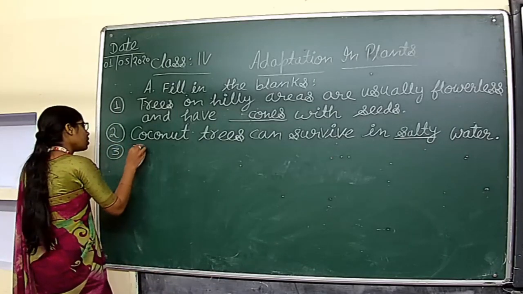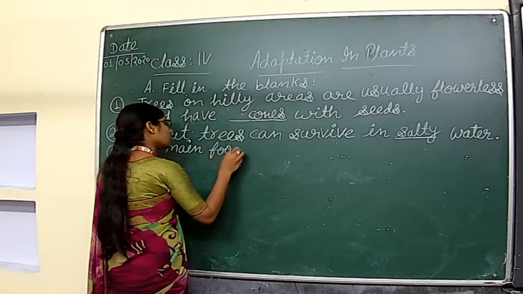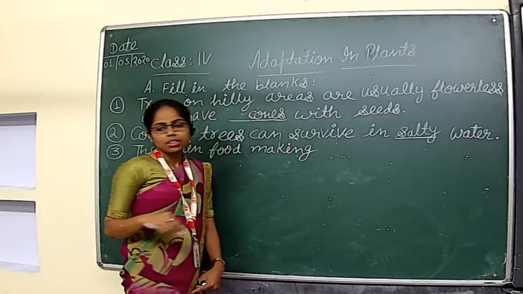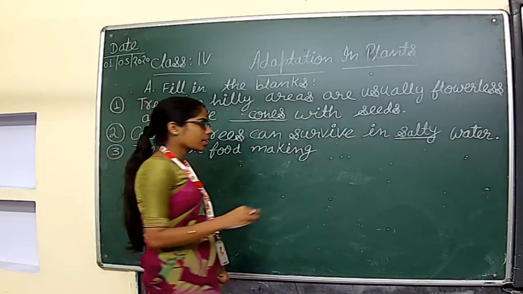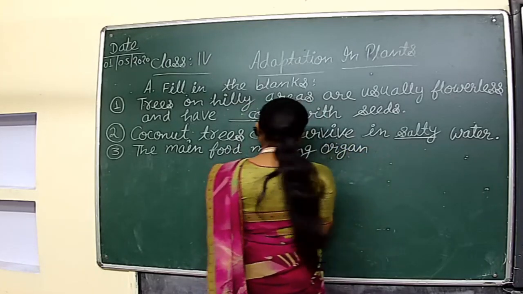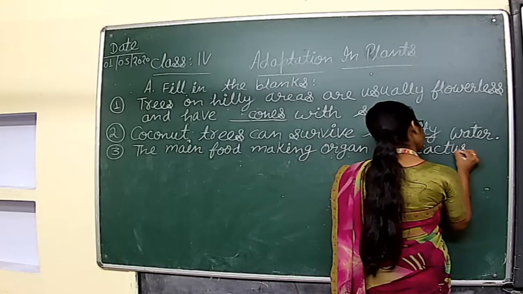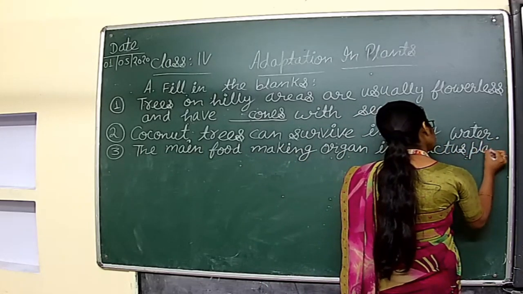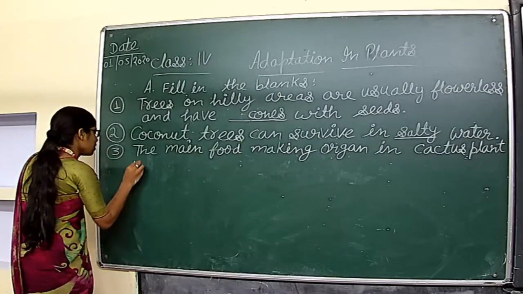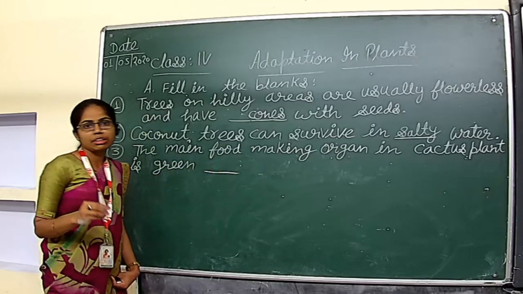The main food making organ in cactus plants is green dash stem.